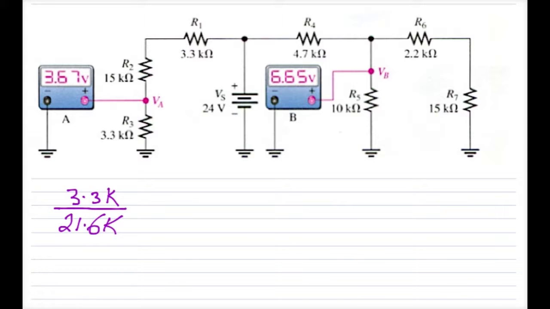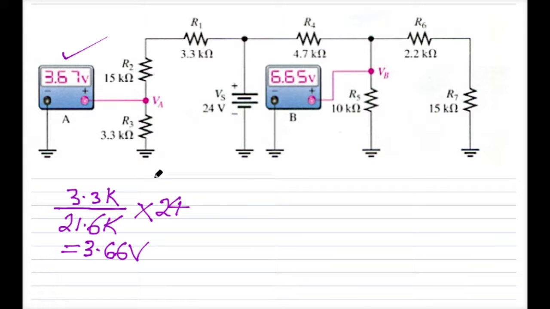We need to add something to our equation to get the final voltage, and that's of course times 24 volts, isn't it? So times 24 equals 3.66 volts.